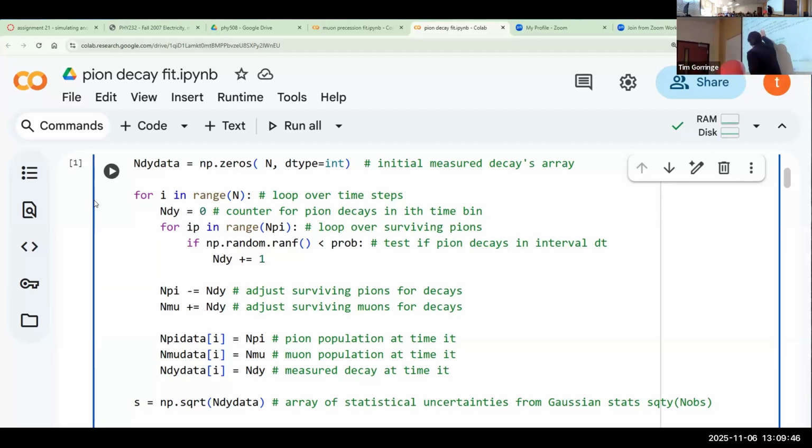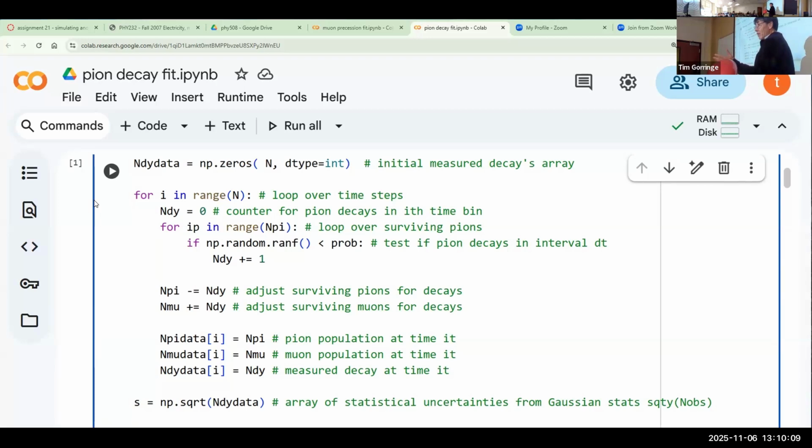And then after I walk through all those pions and figure out the total number of decays in that little time bit, I better decrement the number of pions that have survived, because we just lost some of them, and increment the number of muons because we just gained some of them. So I increment and decrement these numbers.